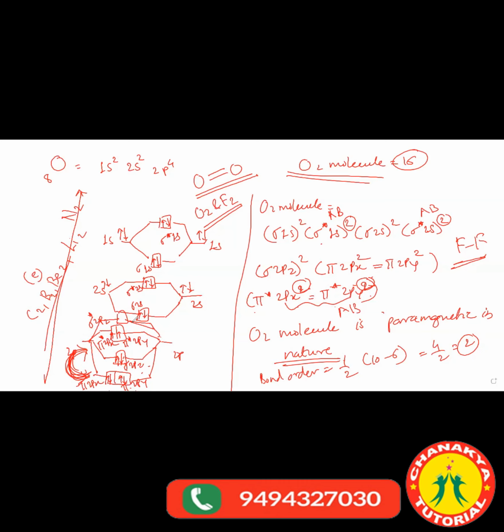Understood? Any query? Only for oxygen and fluorine, you just have to swap the 2 orbitals. If you keep that sequence in your mind, you're able to find out the magnetic nature, bond order, bond length, everything for any molecule.